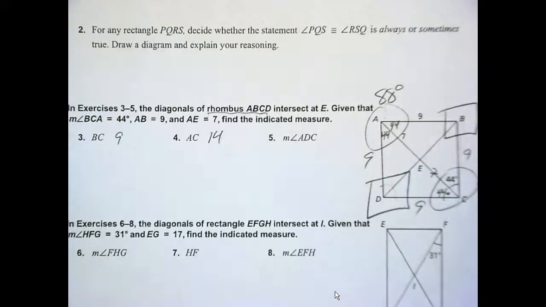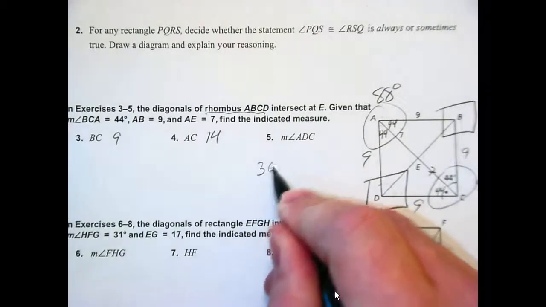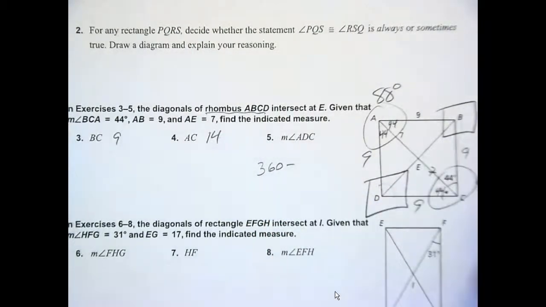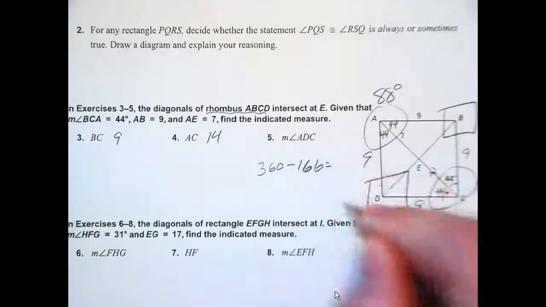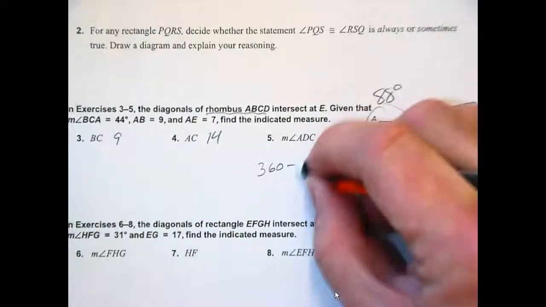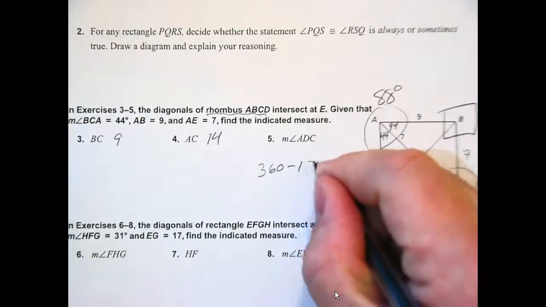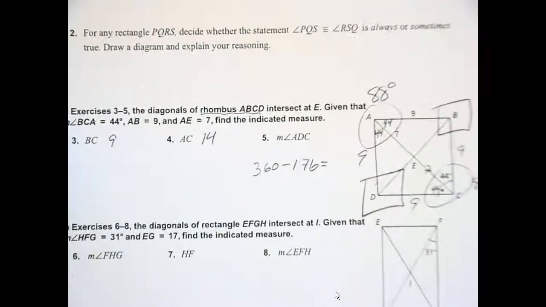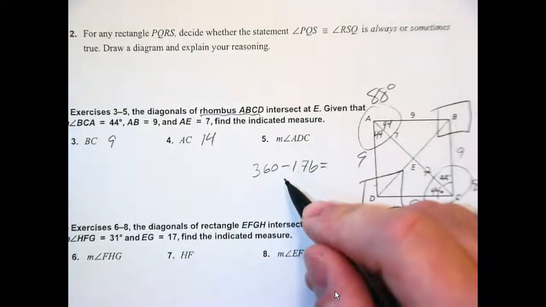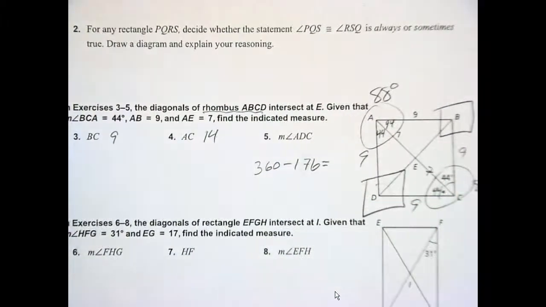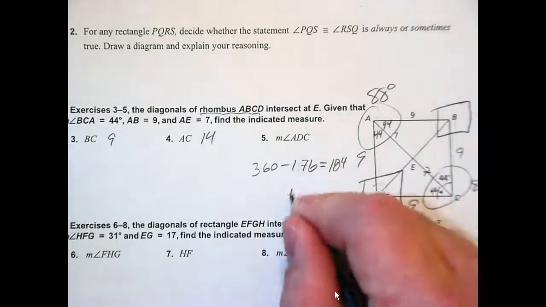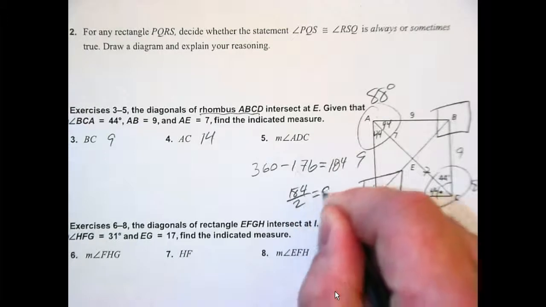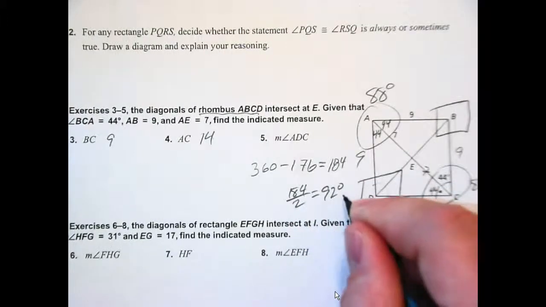What do all the angles of a quadrilateral add up to? 360, and we're subtracting 88 twice, or 176, which leaves us with? 184, and then we have to cut that in half to share it between those two. 184 divided by 2 is 92 degrees. 92.